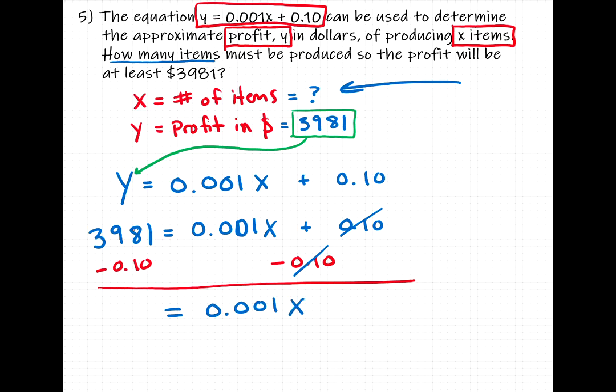And on the left, 3,981 minus 0.10 should give you 3,980.9. Now one more thing to do. To get x by itself, we have to eliminate this times 0.001. So the opposite of times is divide. So we'll divide both sides by 0.001.